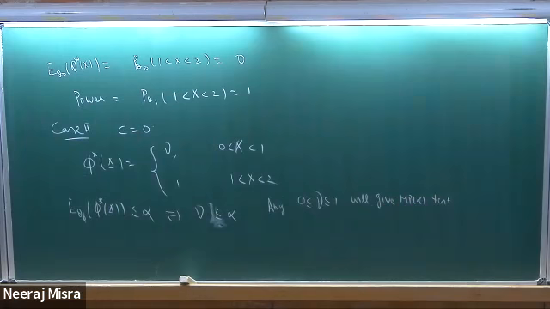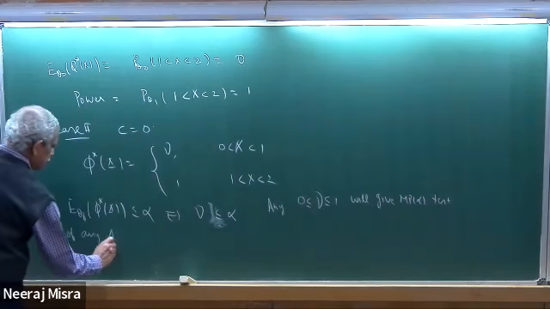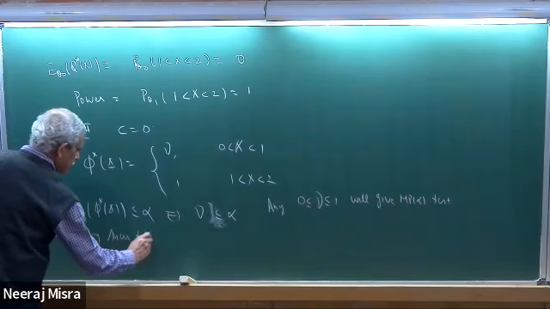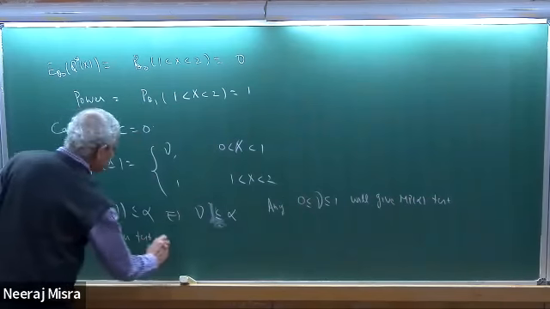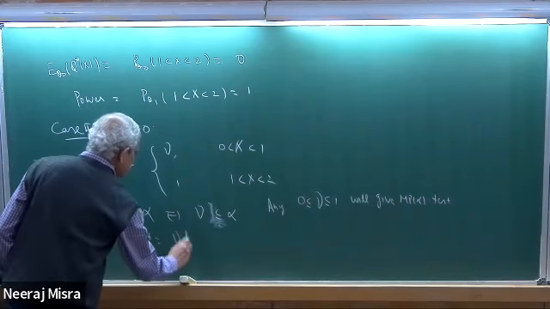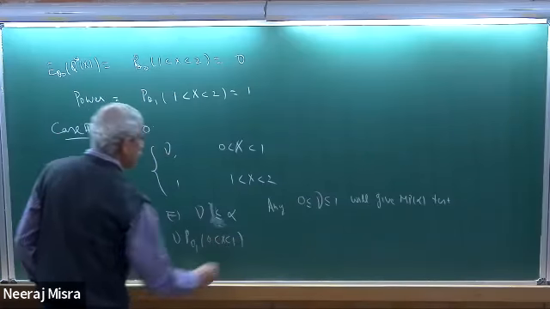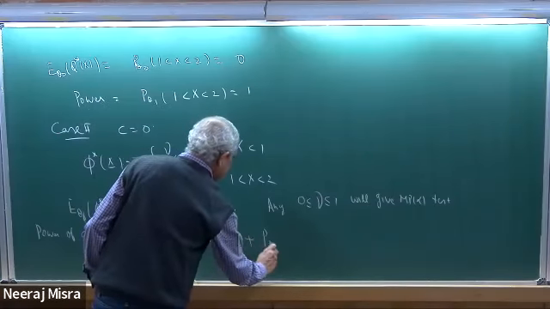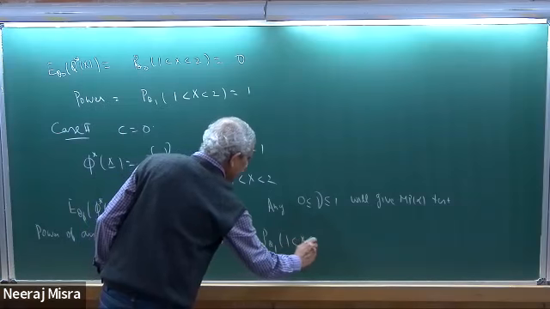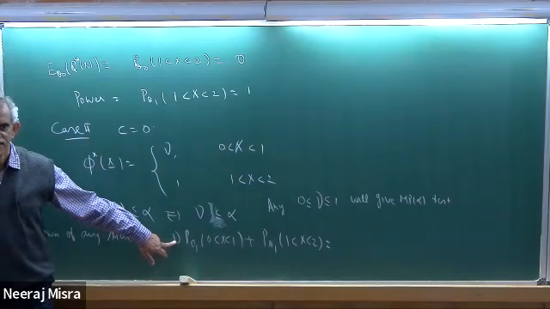What is the power of such a test? It will be gamma times P theta 1, that x is between 0 to 1, plus P theta 1, that x is between 1 to 2. What is this probability? 0, right?